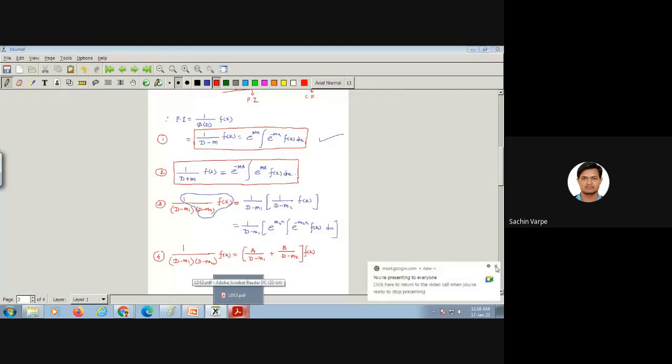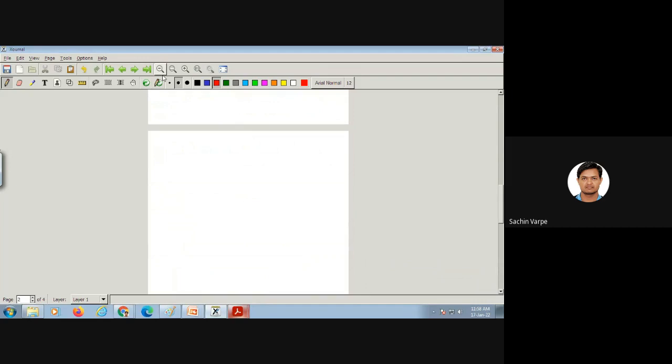Is the formula clear? For example, if it is not clear, let us see the example. We solve the example with the help of the general method. The first question, suppose: solve d square y by dx square plus 3 dy by dx plus 2y is equal to e to the power x.